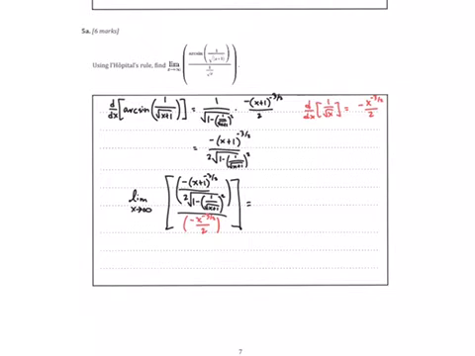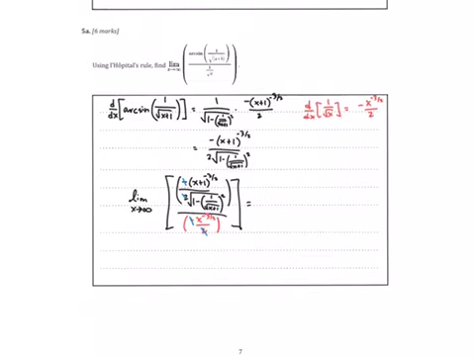Okay, so first let's clean this up just a tad. Let's drop the 2's. Those 2's will disappear. The negative signs will reduce. And then when I divide by x to the negative 3 halves, really I'm multiplying by 1 over that.